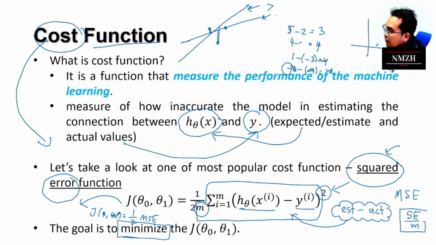Why? Because although this looks similar, the vertical distance of the second line is bigger than the first. So in order to compare the cost function for these two lines, the top one is preferable because it will have the minimum, the lower J error function compared to the first line, right? That would be the idea of choosing which line is the best for the data that we have.